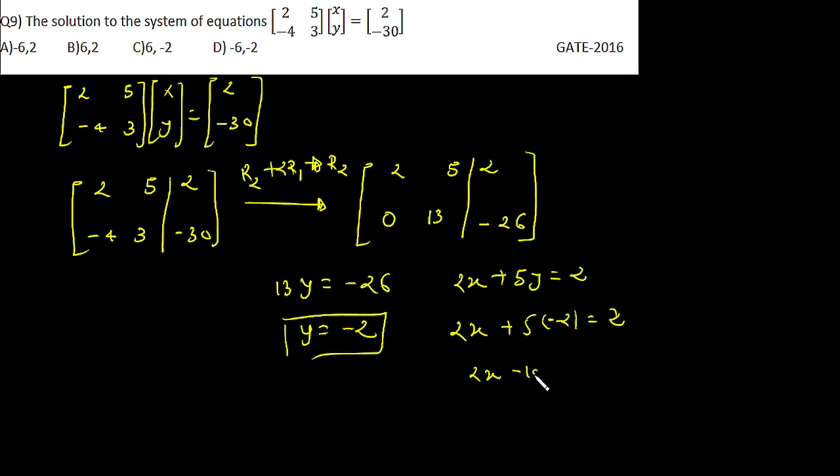So we are getting minus 10 plus 2x equals 2, and simply we get x is 6. So the values of x and y are respectively 6 and minus 2. So option C is the correct combination of x and y. So that's it, we are done, and thanks for watching.